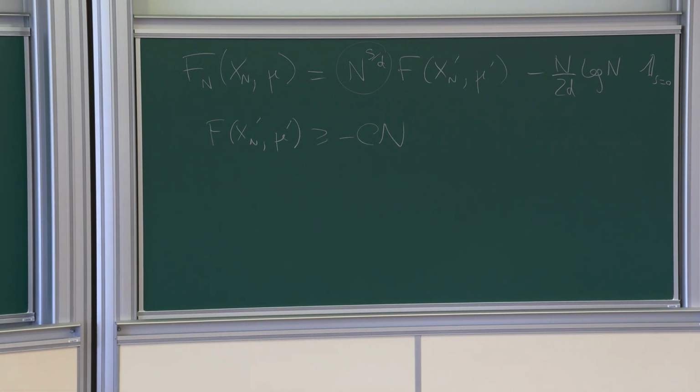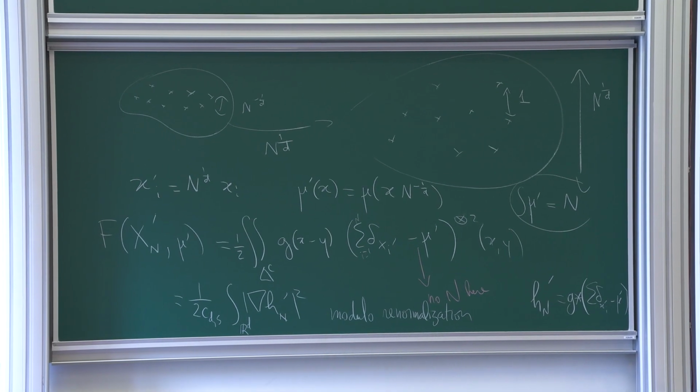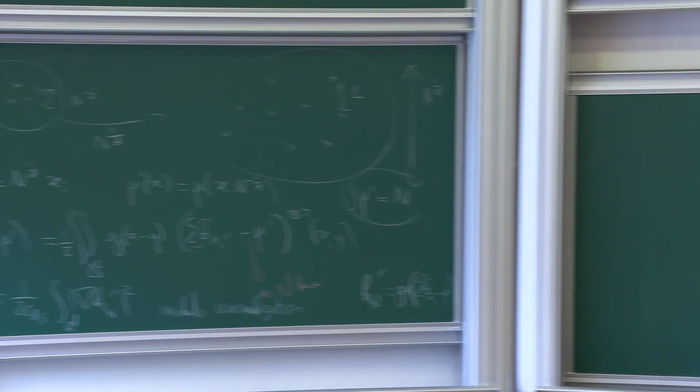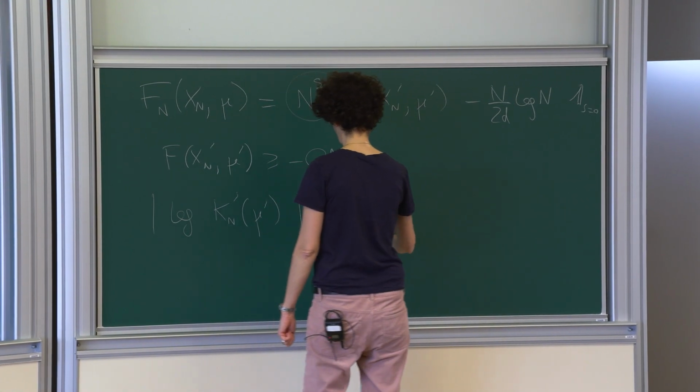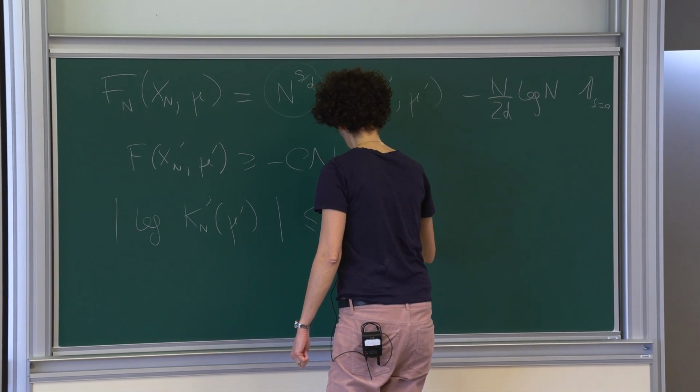And in particular, you can do the same with the partition functions and everything. And what you find is that the log of Kn prime of mu prime is going to be bounded, in absolute value, by C beta n.